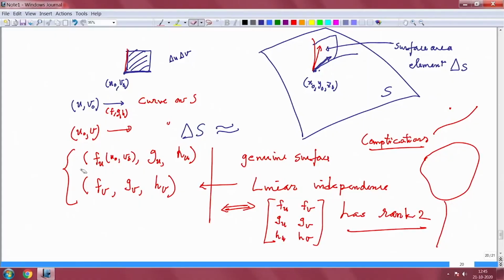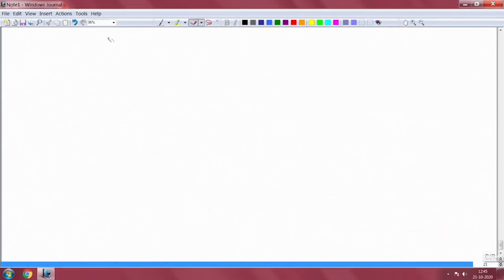That genuine surface, as you see, is the linear independence of these two vectors, or these vectors which you have seen, which have rank 2, right: f_u, g_u, h_u and then f_v, g_v, h_v.